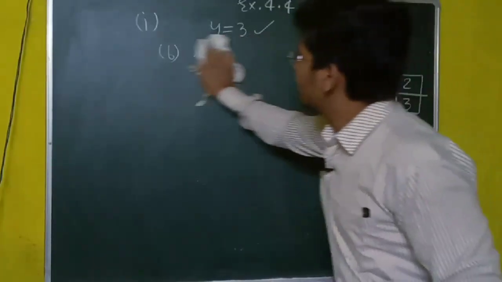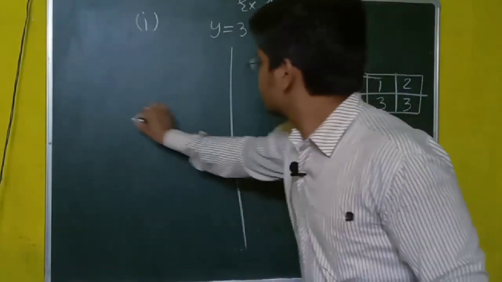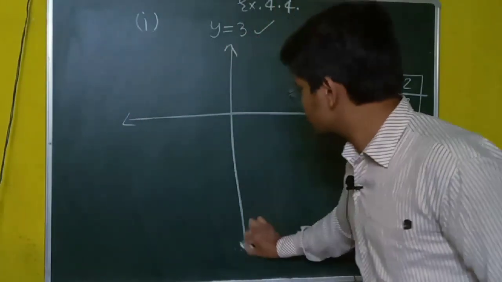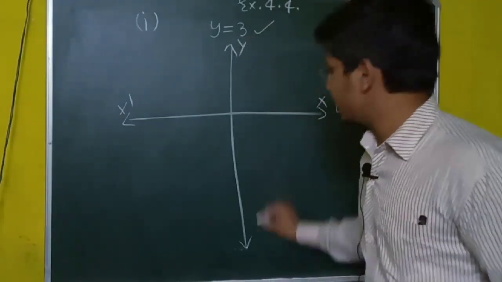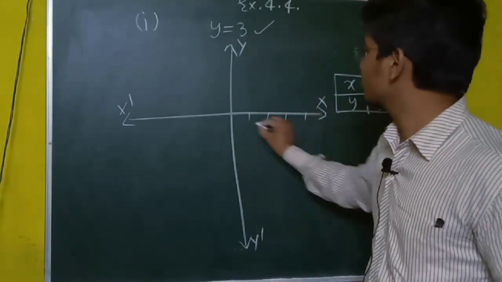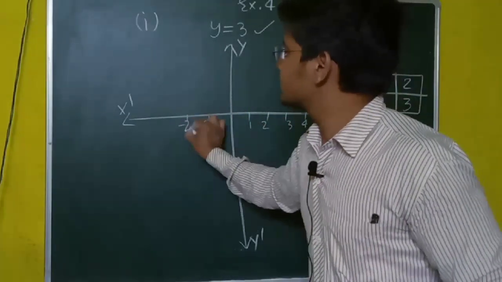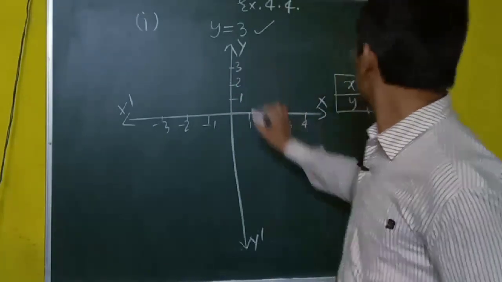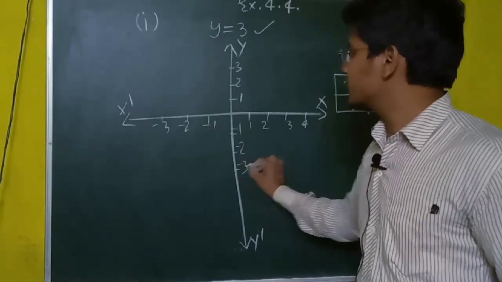So whenever we have to represent any equation in two variables in the graph, we make one graph here, x dash, y dash, 1 2 3 4, minus 1 minus 2 minus 3, 1 2 3, minus 1 minus 2 minus 3.